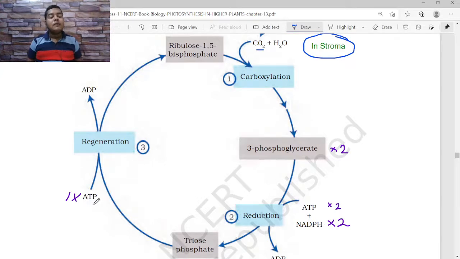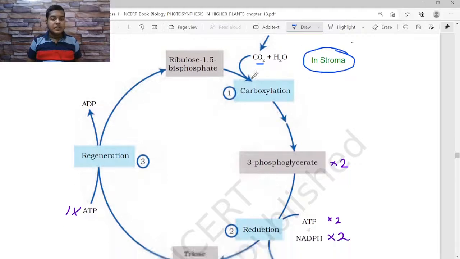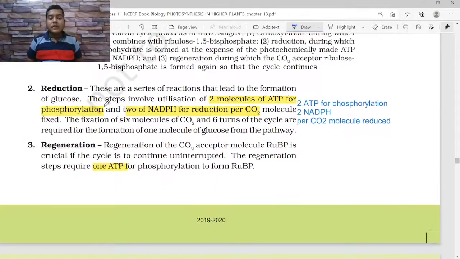For that regeneration, it is also an active process, इसीलिए वहाँ पे भी एक molecule of ATP utilize होगा जो कि एडिनोसाइन डाइफॉस्फेट में कन्वर्ट हो जाएगा, and you will get back the ribulose 1,5 bisphosphate for your further reaction. Now we'll read the content कि क्या given है.